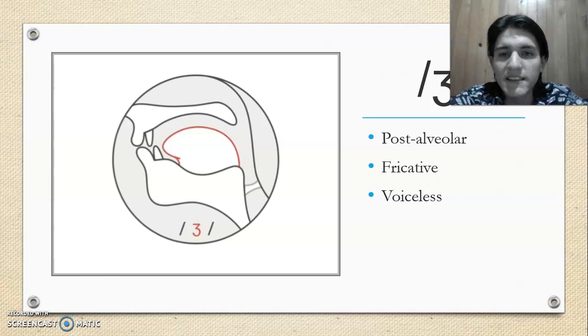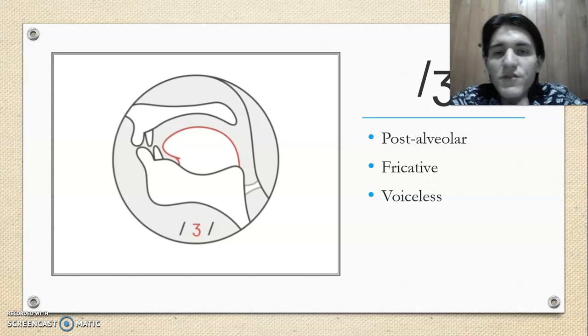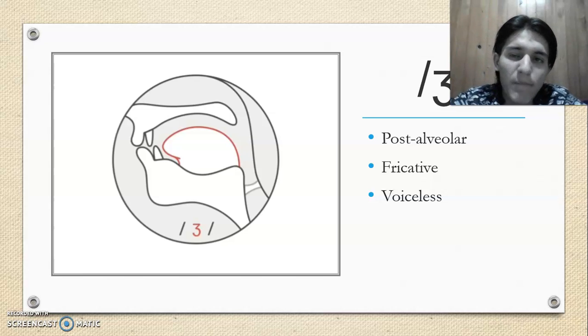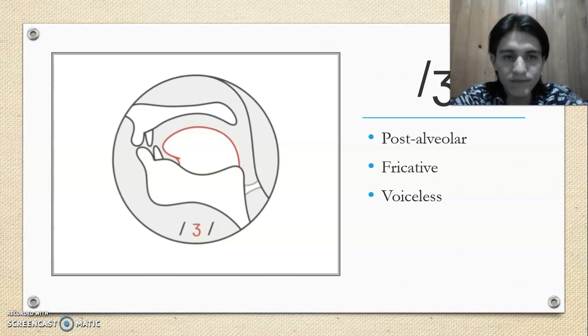It means that it is a sound made by partially blocking the air, which creates an audible friction moving through your mouth, and it is a voiceless sound. And it is also a post-alveolar sound.